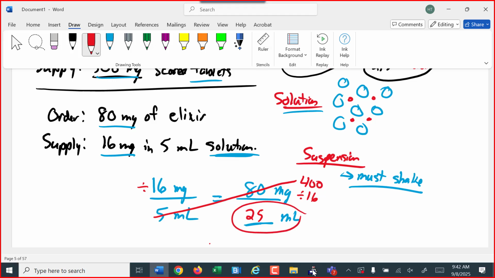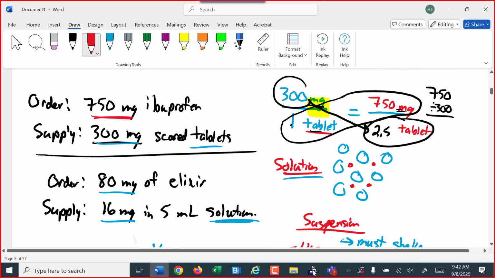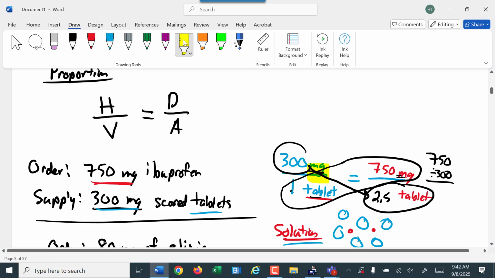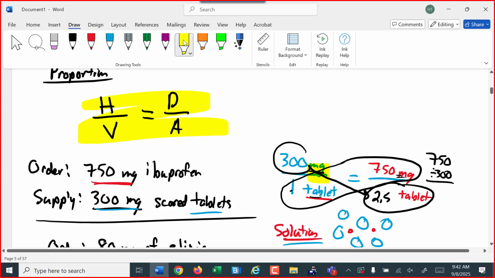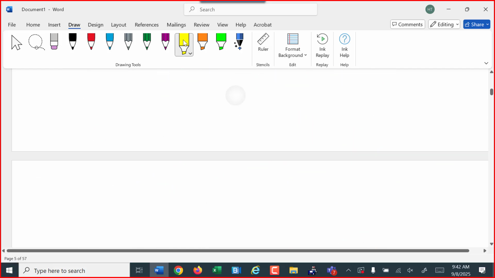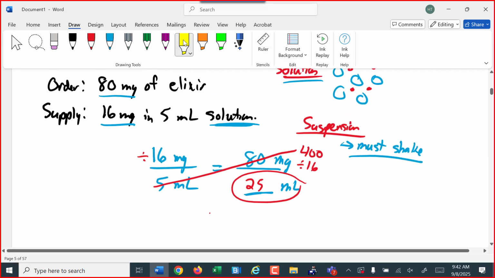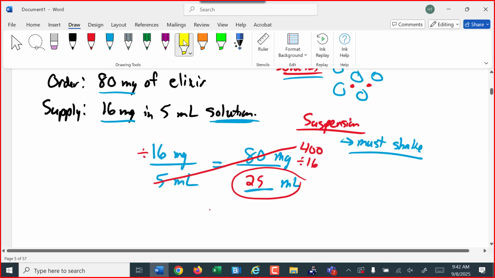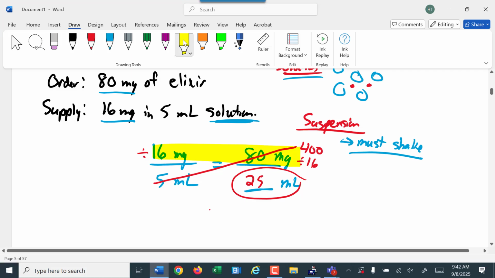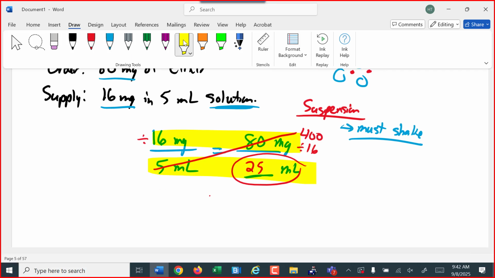So the power of the proportion is we don't necessarily have to memorize locations. I gave locations up here for everything, but they don't have to stay in that same spot. The key is we have to match up our units in at least one direction. Milligrams and milligrams, milliliters and milliliters.